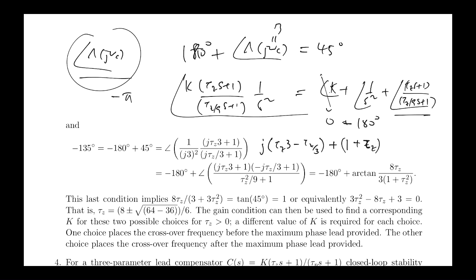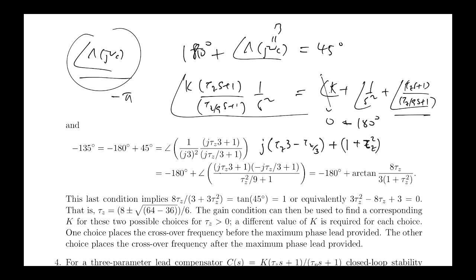Okay, and we know that the phase of a complex number is the arctan of the imaginary part divided by the real part. The imaginary part is 8 tau Z on 3, and the real part is 1 plus tau Z. It should be tau Z squared.